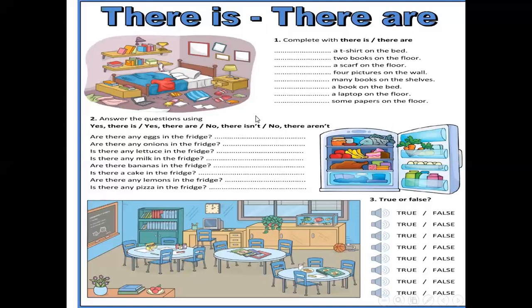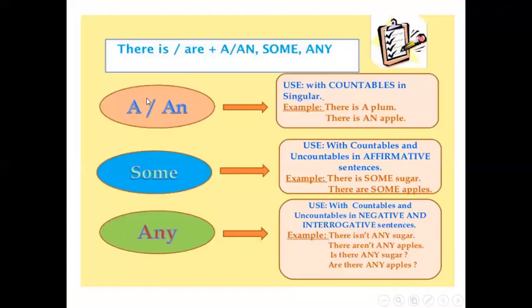So we come to another point in the same unit. It's very important. Here, how can I use a or an and some and any, again using there is and there are. Please concentrate with me, all of you.